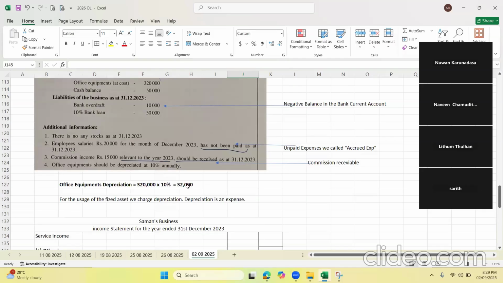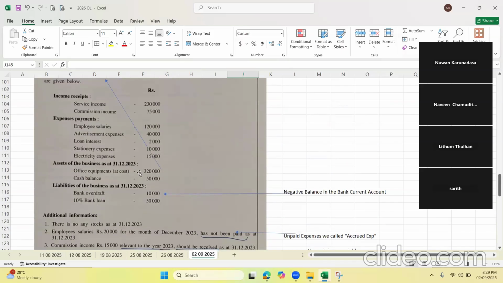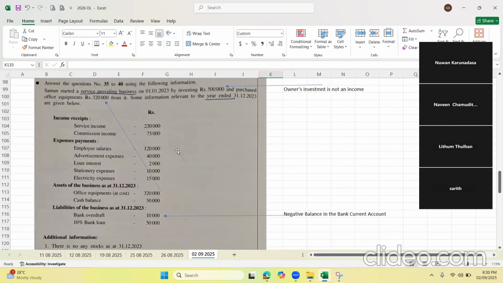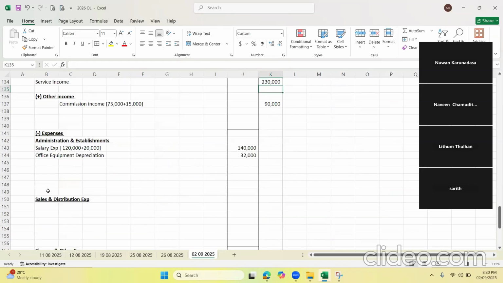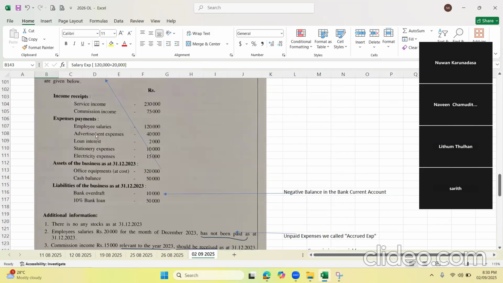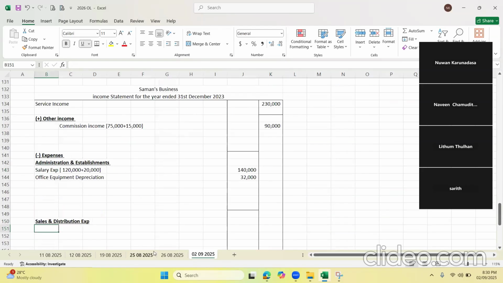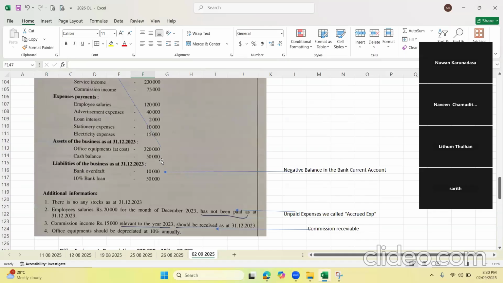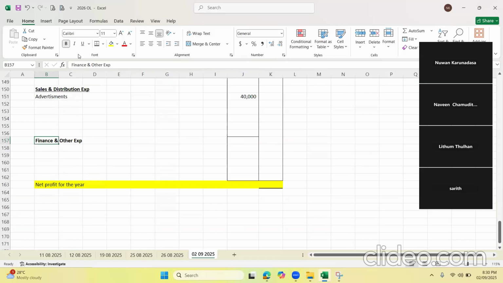It's done. So see the way I'm doing the question. First you need to do the adjustments, then come back and copy the figures from above. Service income, your main income, is 230,000. Commission income done. Employee salaries we have taken here, done. Advertisement 40,000, under sales and distribution. Then loan interest 2,000, it's finance.